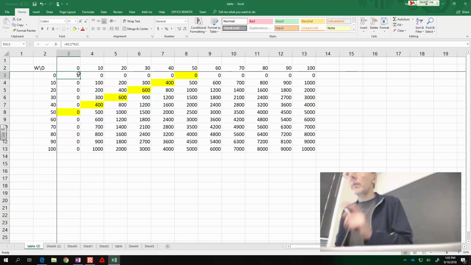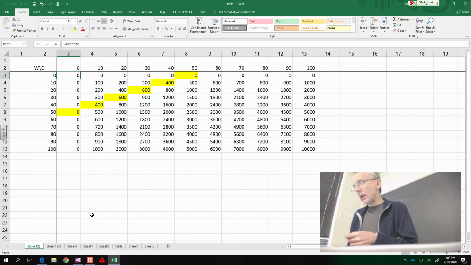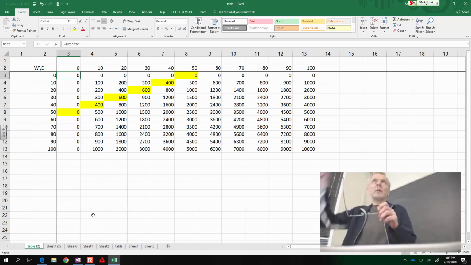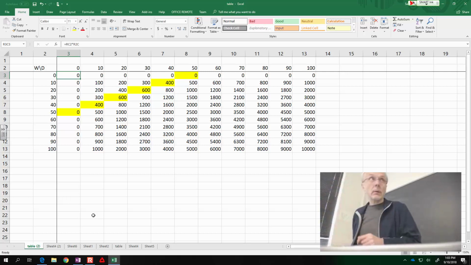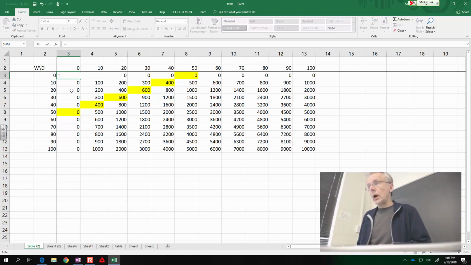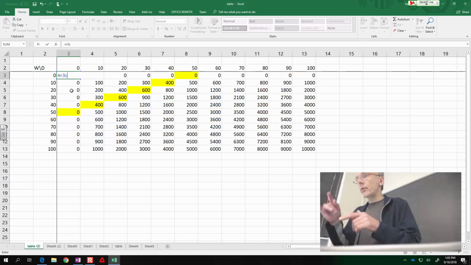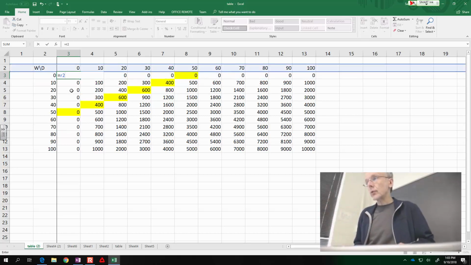Remember the relation between width and depth was that they're supposed to add up to 50, so that the whole perimeter will be 100. Okay, so let me just write it out. Row 2, same column.